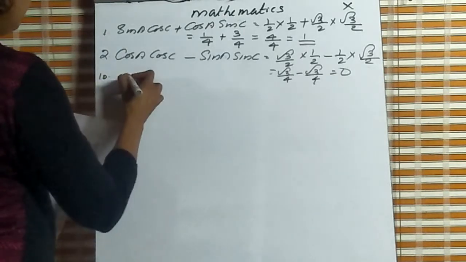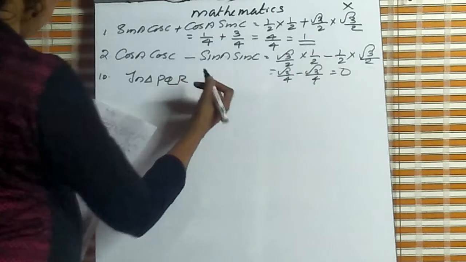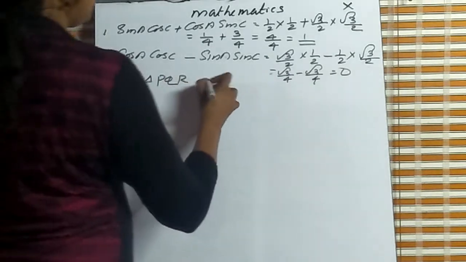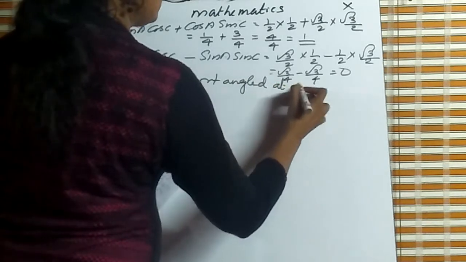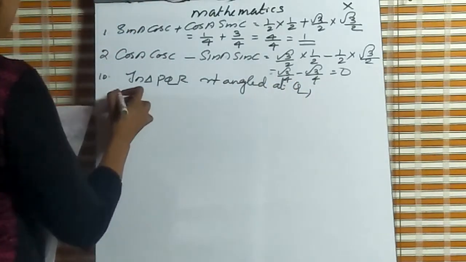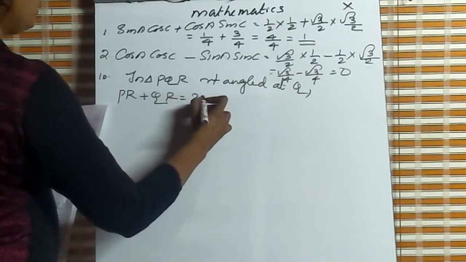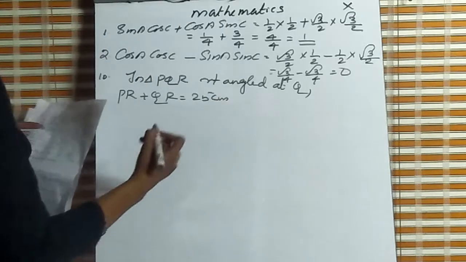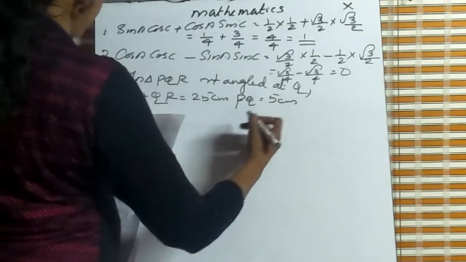In triangle PQR, right angled at Q, PR plus QR is equal to 25 centimeter and PQ is equal to 5 centimeter.